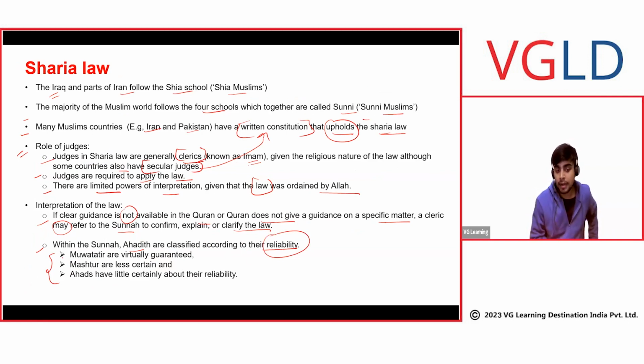So certain ones are considered virtually guaranteed, and certain ones have questions about their reliability. Mutawatir are considered virtually reliable, Mashhur are less certain, and Ahad have little certainty about their reliability. So Mutawatir are considered virtually guaranteed.